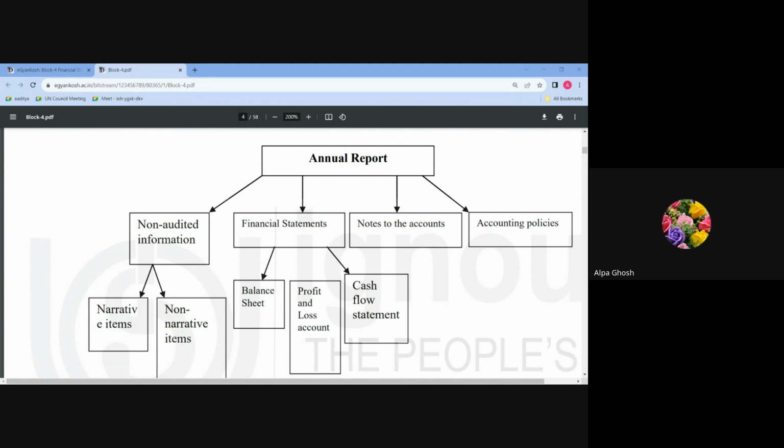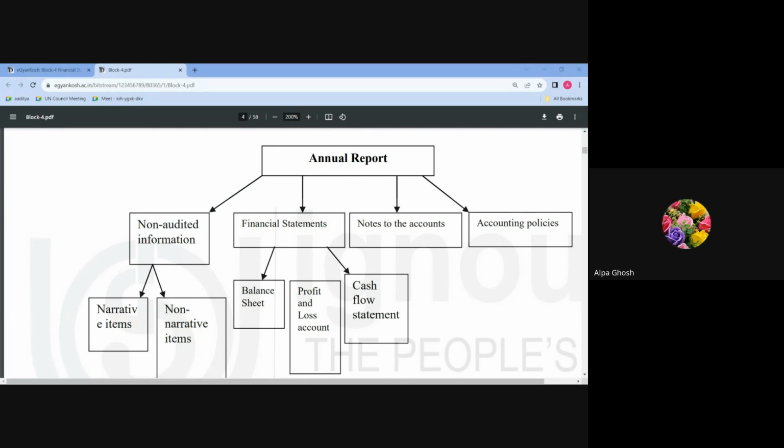In non-audited information, the first part, you can have information about the company, information about the directors of the company, information about the place of business and their areas of business. This is all under non-audited information. Next, we have financial statements.